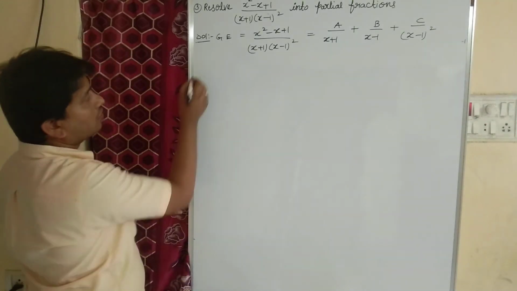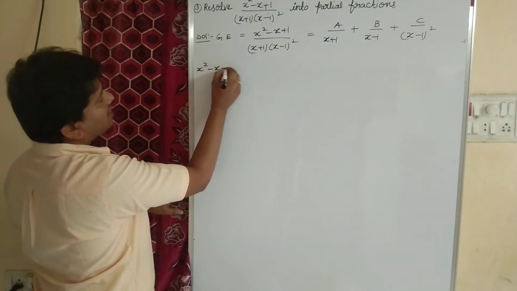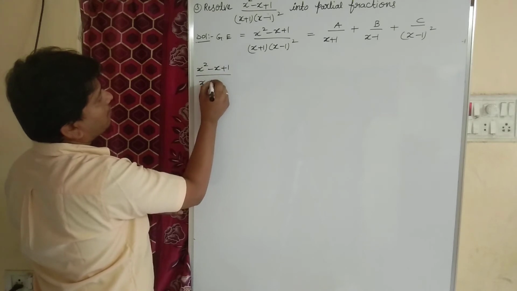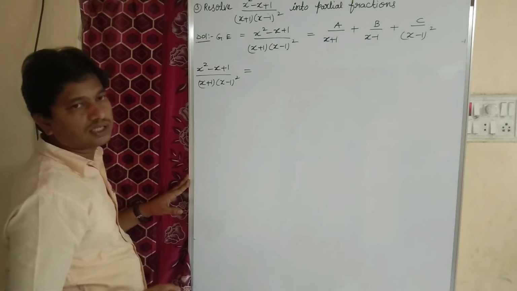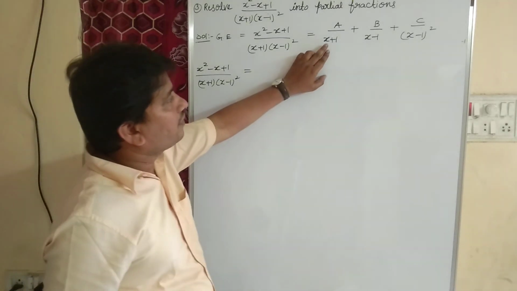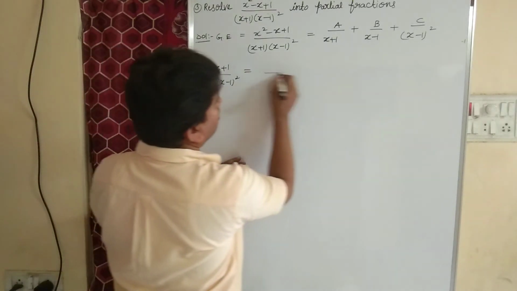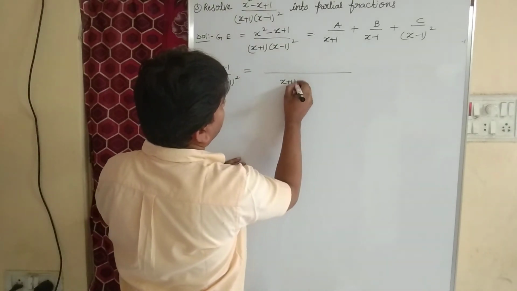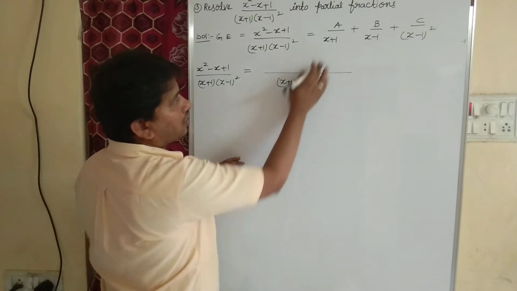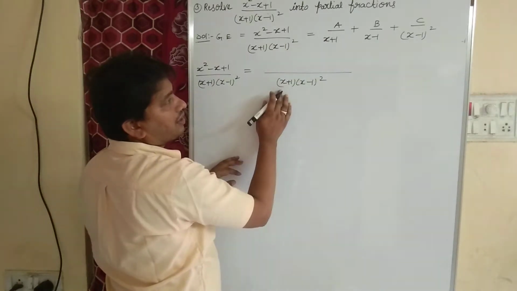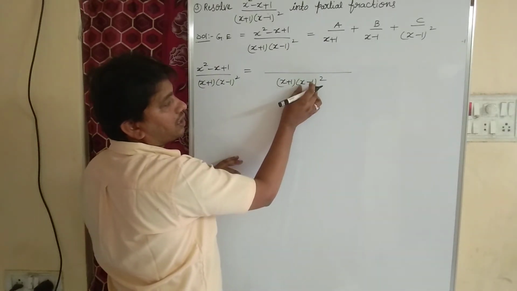Okay? Now x square minus x plus 1 divided by x plus 1 into x minus 1 whole square is equal to, so what is the LCM, children? The LCM is x plus 1 into x minus 1 whole square. Here also we have x plus 1 common. What is the absent term here? x minus 1 whole square.